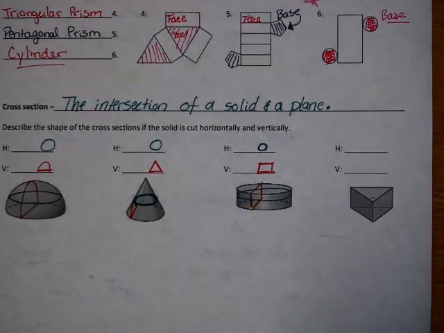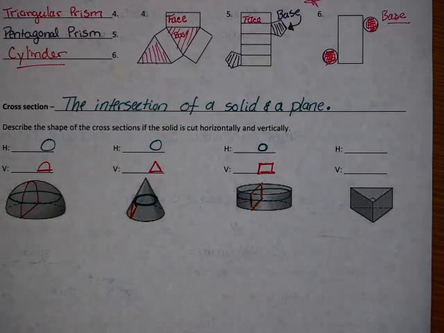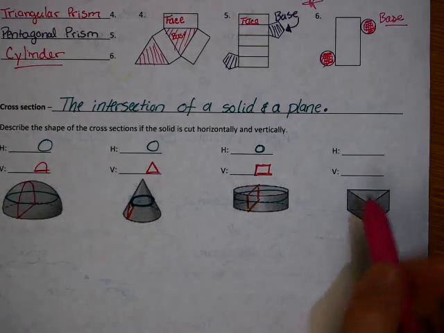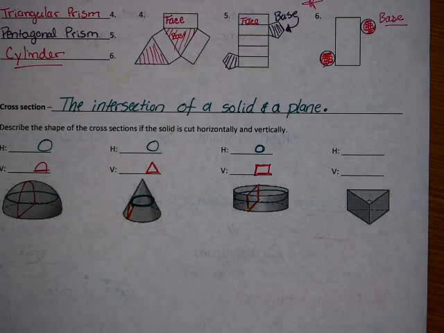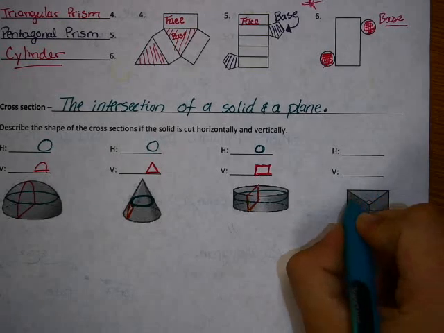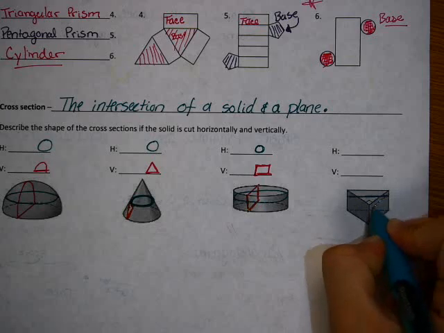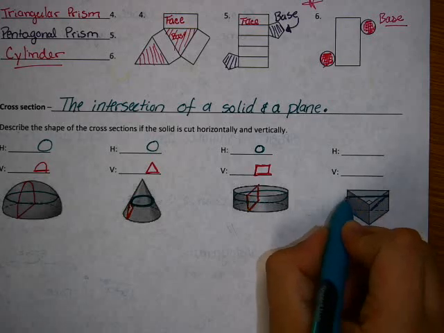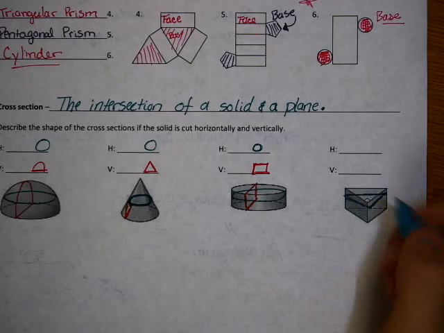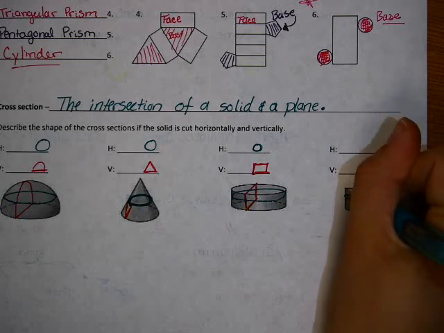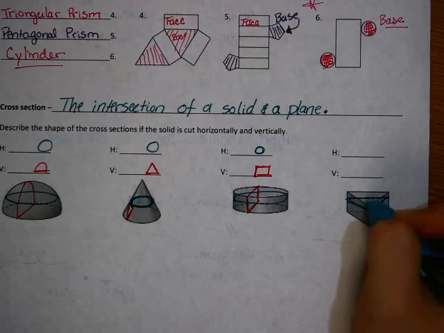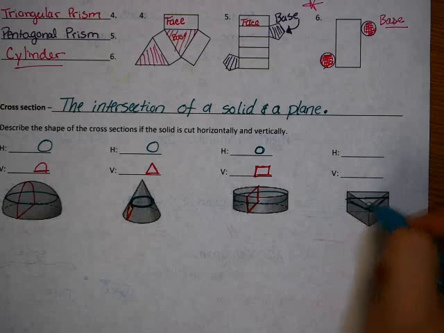And last but not least, let's take a look at this triangular prism. So a horizontal cross section would mean if I go horizontally across from here to here, I end up with another right triangle, something that will look like the two bases.